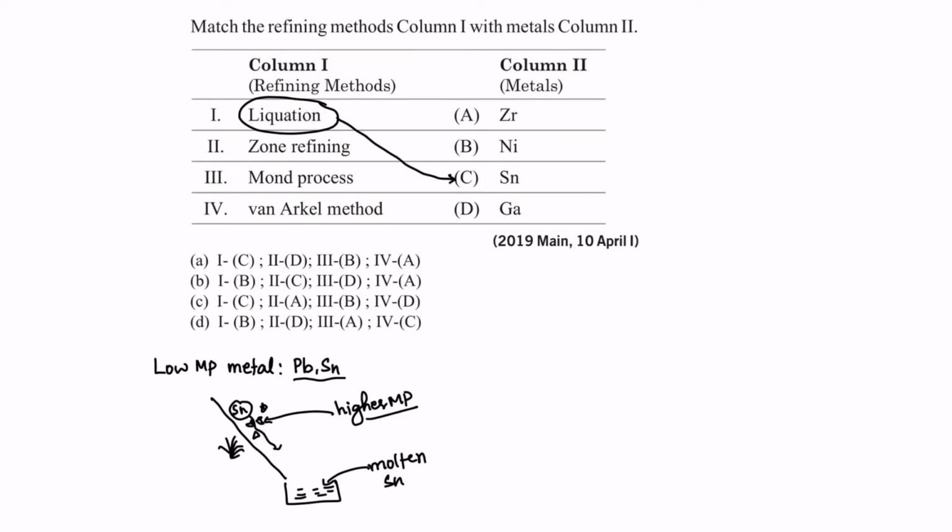Now let's see the next one, zone refining. Zone refining is based on the principle that impurities are more soluble in the melt than in the solid state of the metal. This is usually done for making ultra pure semiconductor device materials, for example germanium, silicon, boron, gallium, indium.